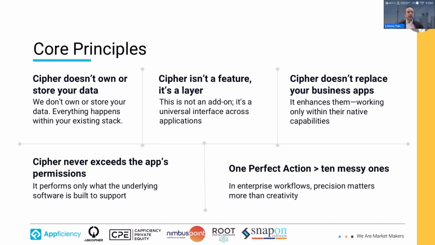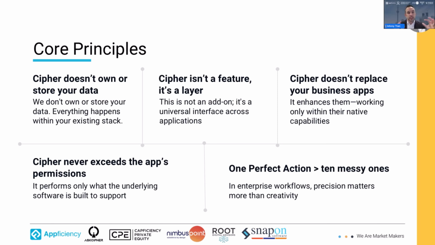I mentioned how that fits in: it's not a feature. We don't do actions that the biz app cannot do natively on its own. But when you combine multiple biz apps and the LLM capabilities, it does feel like you have a whole new feature set. In fact, it feels like you have a whole new application, yet you haven't had to learn anything, and that's the big advantage of it. We don't replace the business applications, and we never exceed the application's permissions.